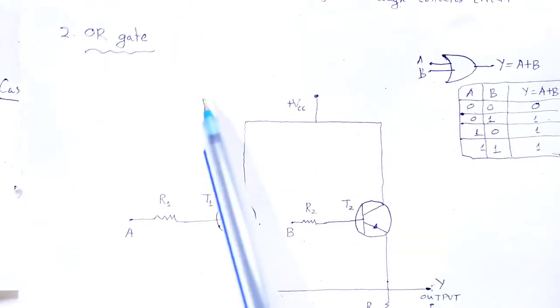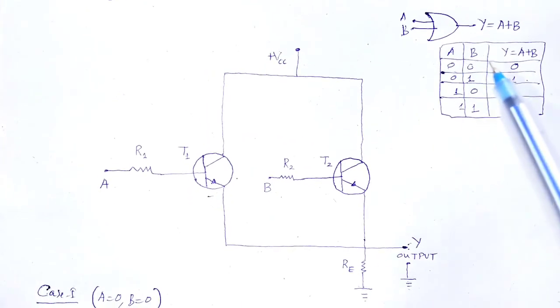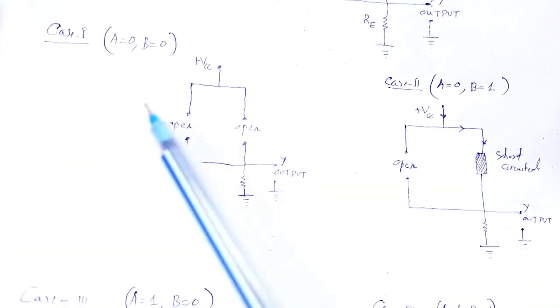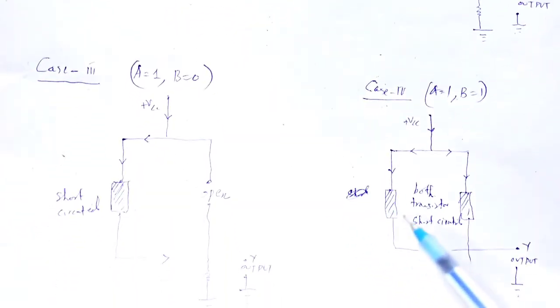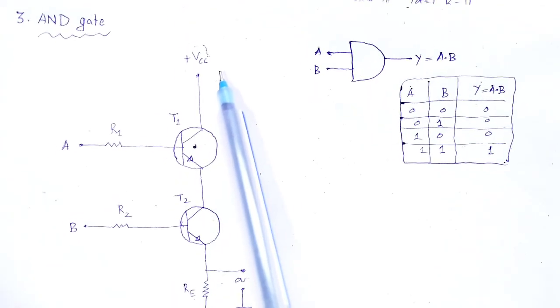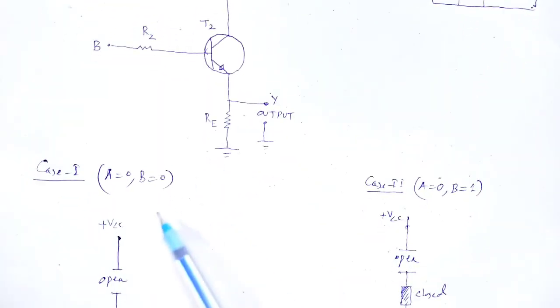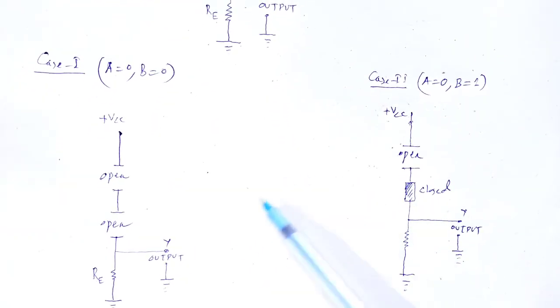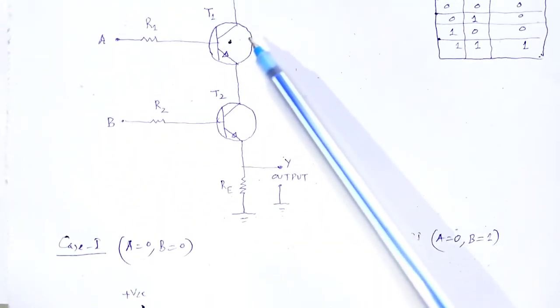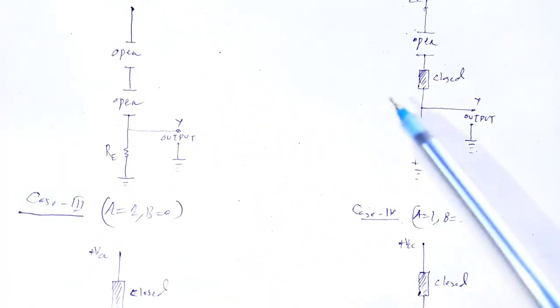Next logic gate, OR gate, its possible situations are understood by taking transistors, all these cases. Next, for AND gate, all situations are again understood by taking transistors into consideration.